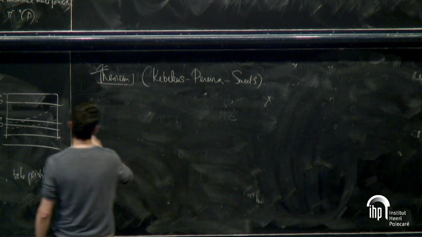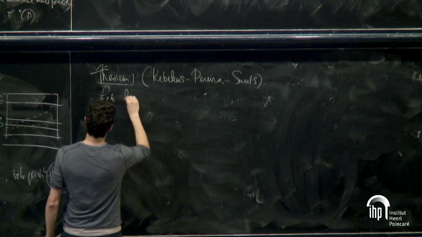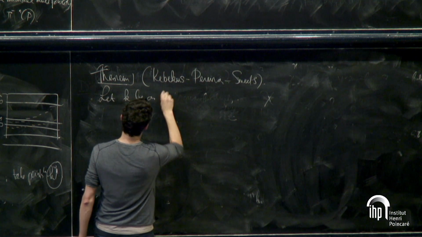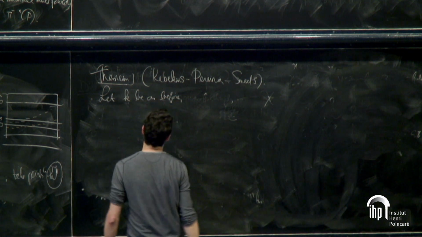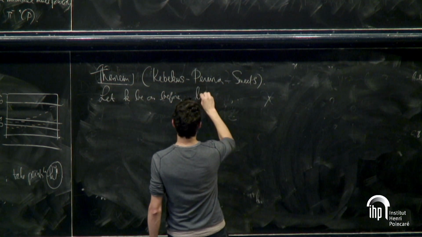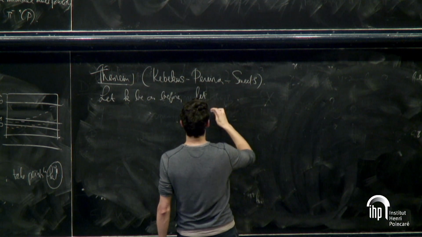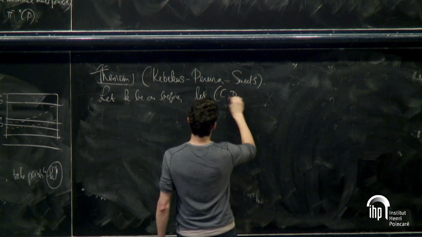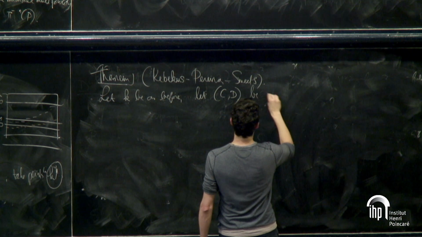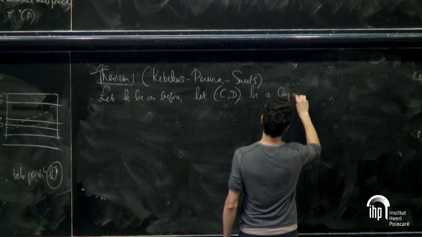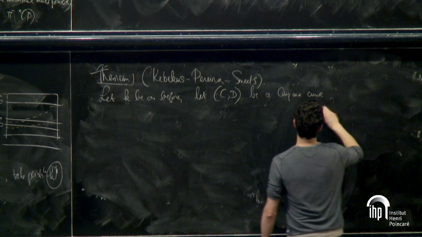It says the following. Let K be as before, a function field, and let CD be a Campana curve of general type.